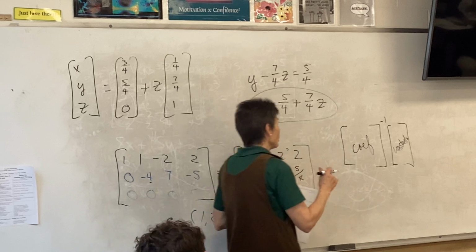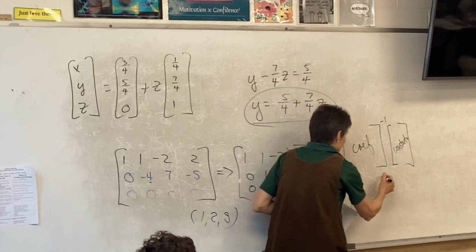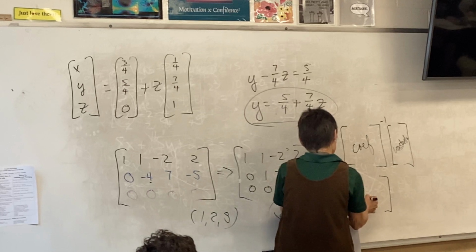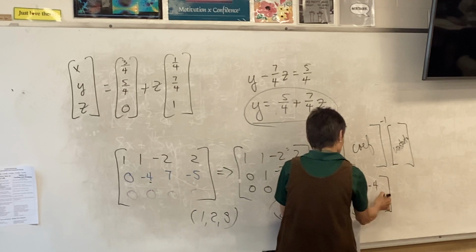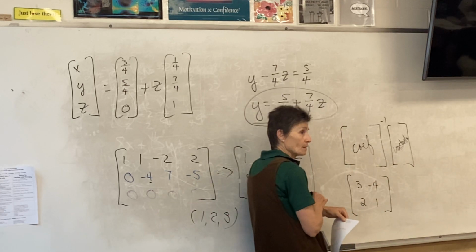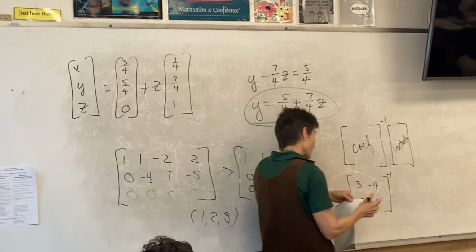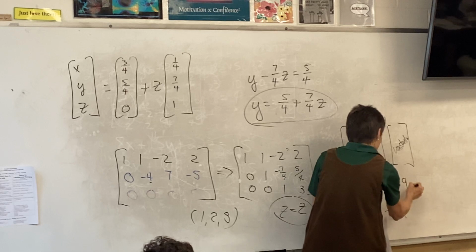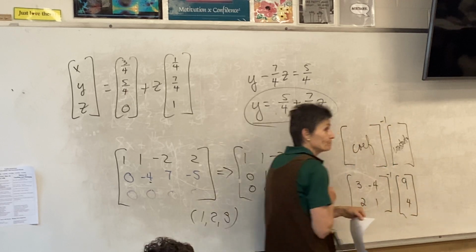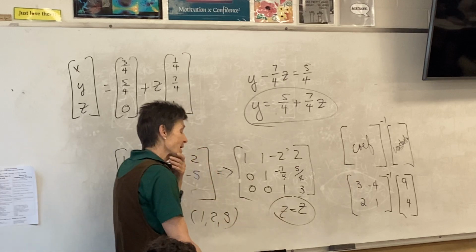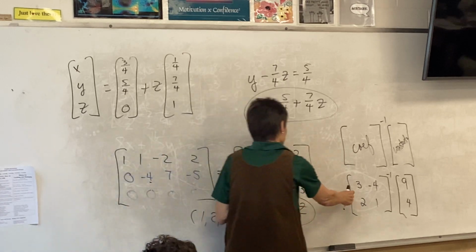But what are my coefficients? In the problem, make sure they're lined up. The coefficients are 3, 2, and negative 4, 1. So I'm going to need to find the inverse of that, and then I'm going to multiply that times 9, 4. Now, I'm doing this by hand, so I need to find the inverse.